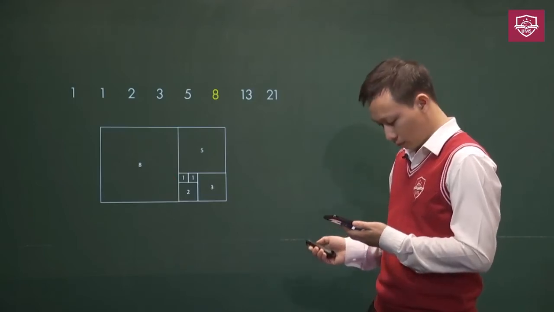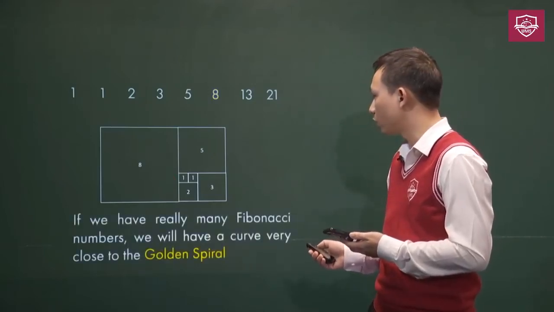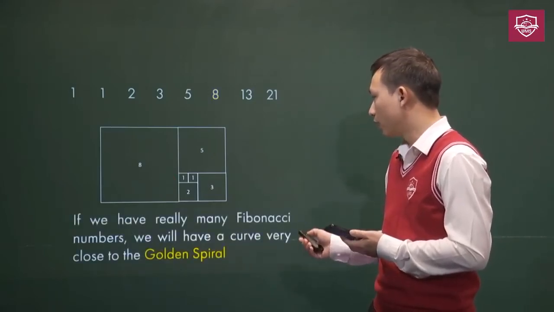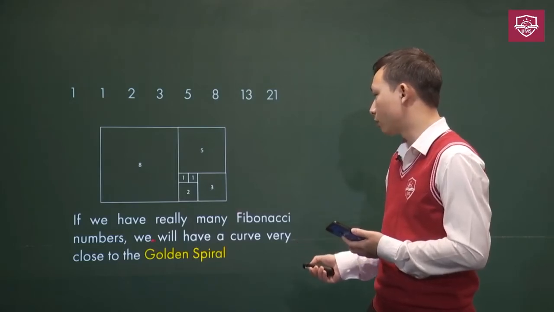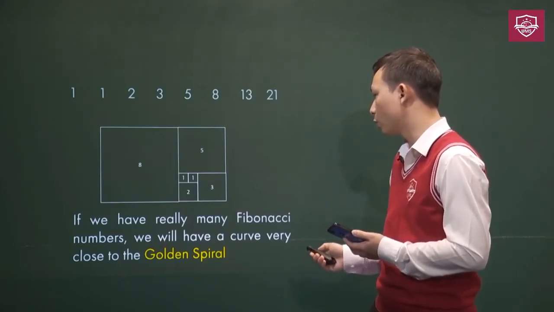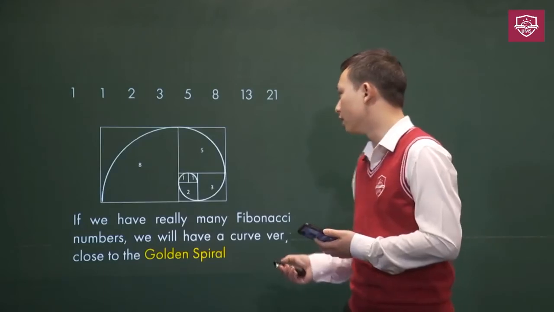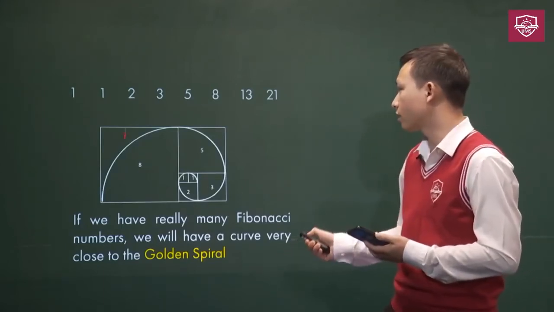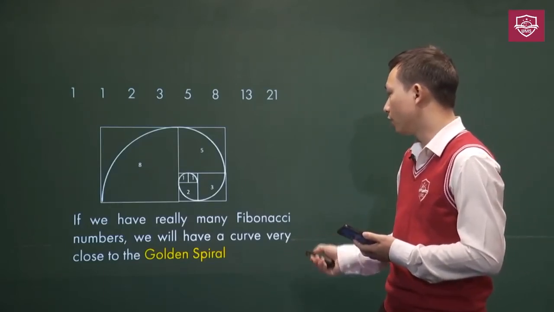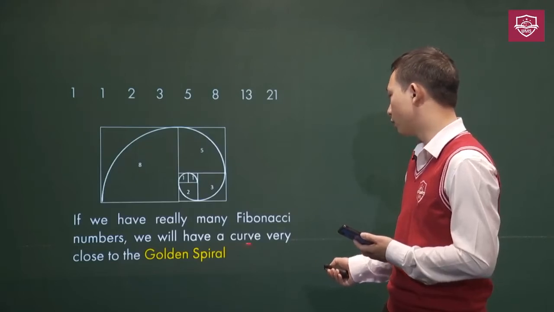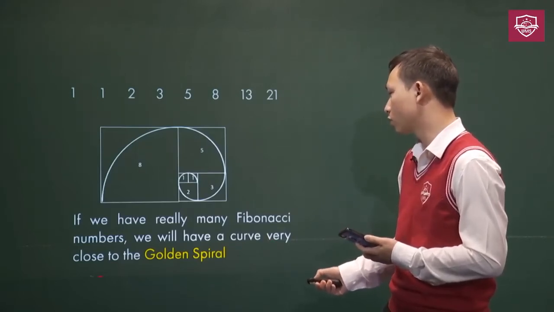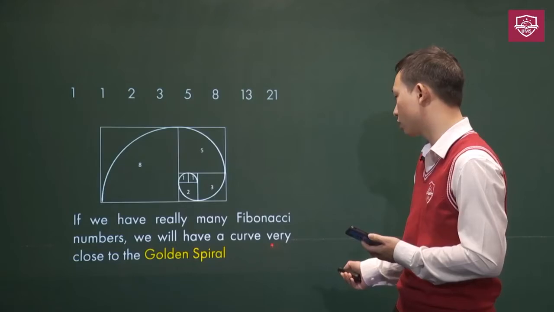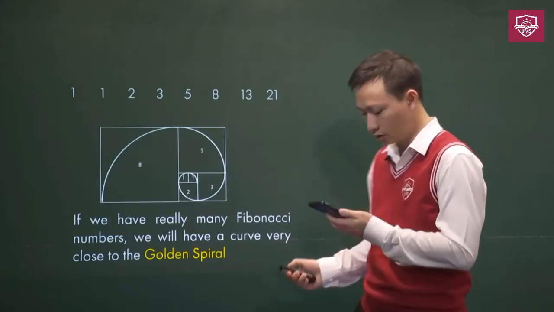And inside it, we can draw a spiral. If we get really many Fibonacci numbers, we will have a curve very close to the golden spiral. Here is the golden spiral. It is something very popular. Note that it is not the exact golden spiral, it is just very close to the golden spiral.